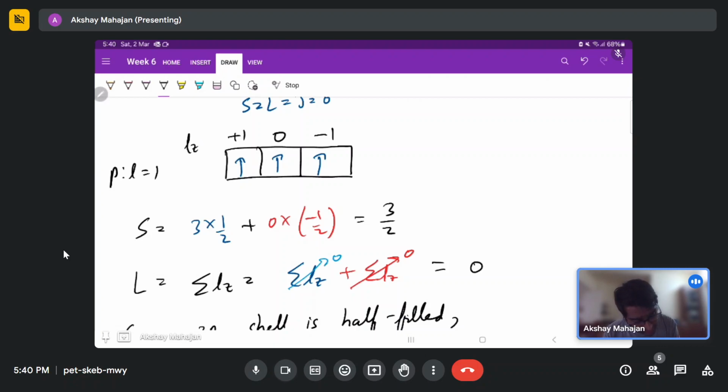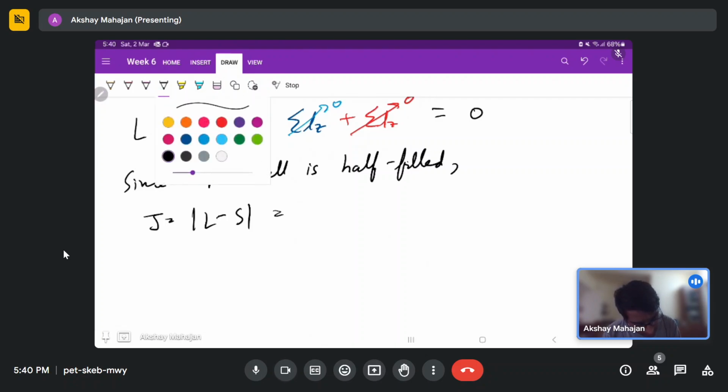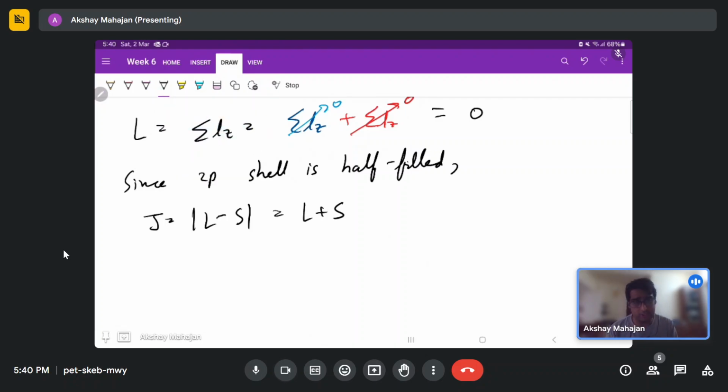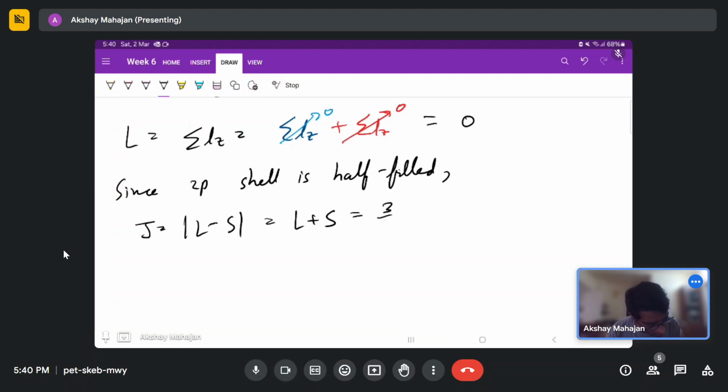For a half filled case, capital L is 0, and both formulas, modulus of L minus S and L plus S, are the same. So J will always be equal to S, which is 3 by 2 here.